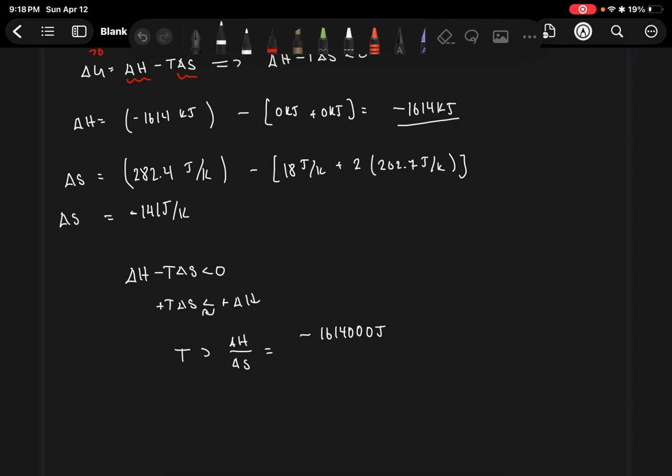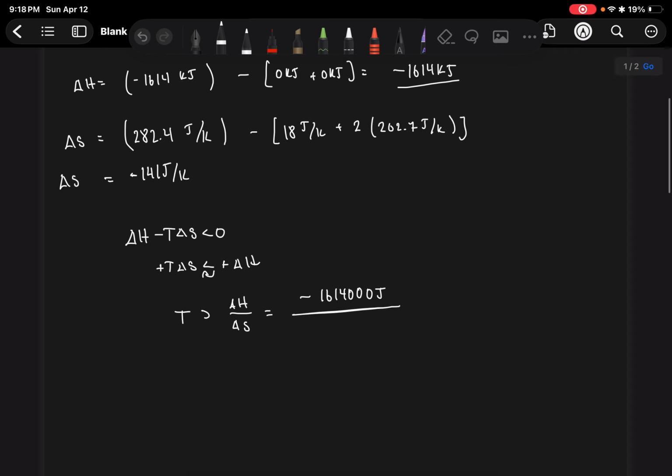Remember that we're going to be using this in joules because our bottom unit is in joules, so we want to keep them constant. Negative 141 joules per Kelvin. This should be equal to 1614000 divided by 141.